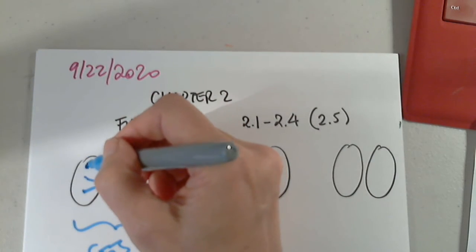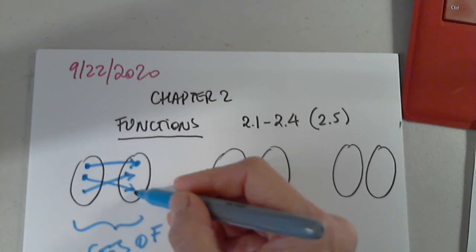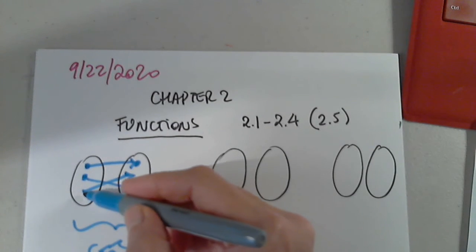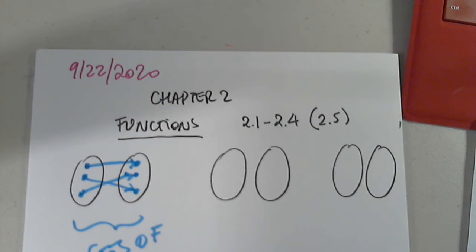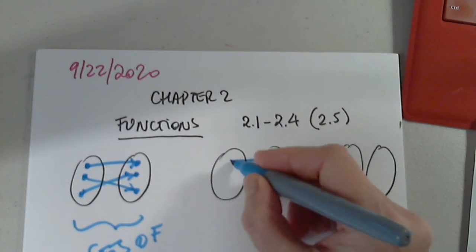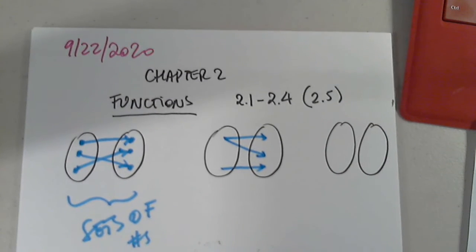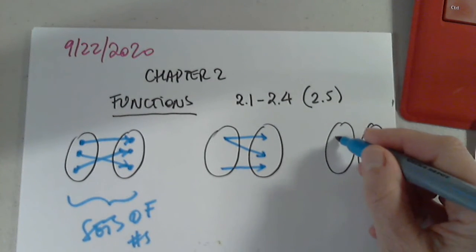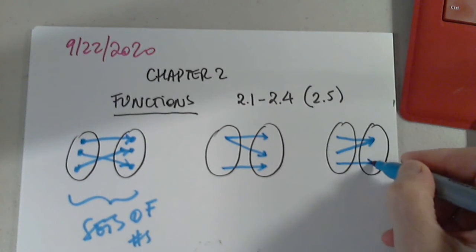So this number in the first set goes to this number in the second one. This number goes to this set. This number in the second set. This number goes here, from here, here. In the same way, I'm going to create another one like this. And I'm going to create one more like this.